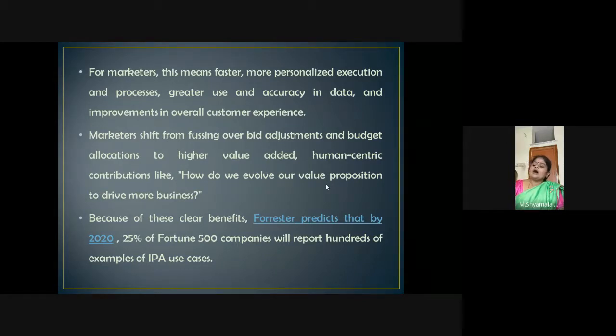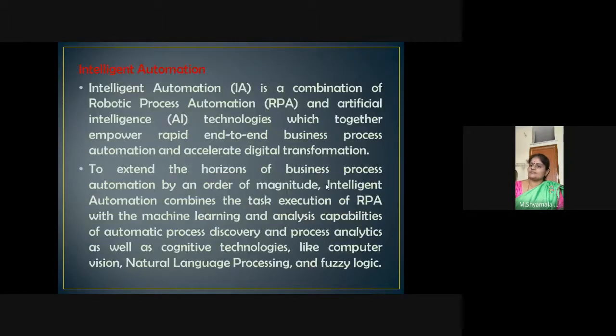Because of these clear benefits, Forrester predicts that by 2020, 25% of Fortune 500 companies will report hundreds of examples of IPA use cases. So what is intelligent automation?